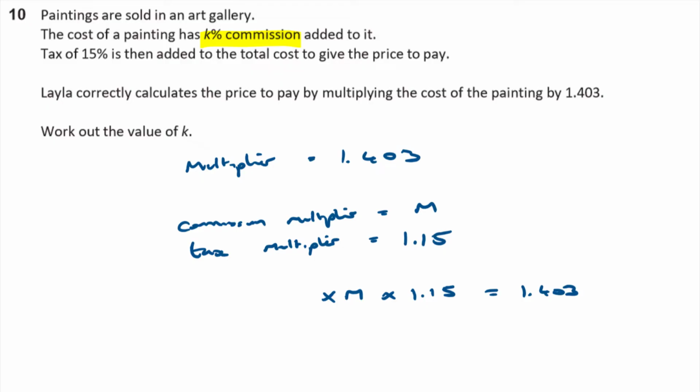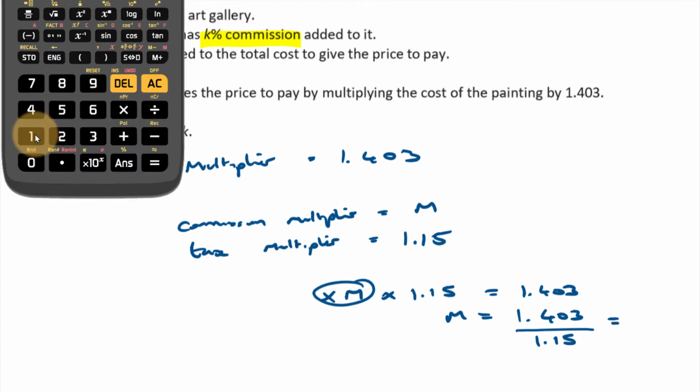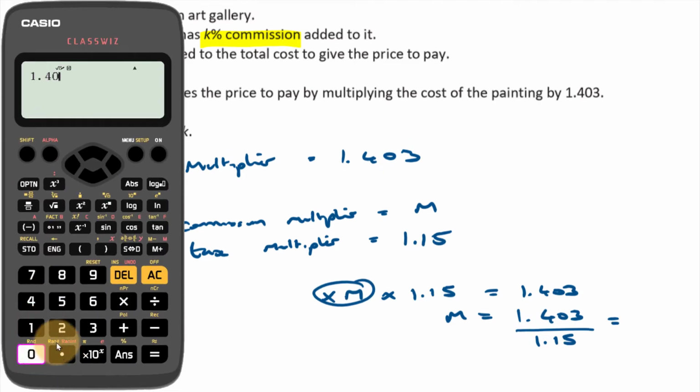Okay, so in other words, if I want to find my multiplier here, I'm going to divide both sides by 1.15, aren't I? So M, my commission multiplier, is going to be 1.403 divided by 1.15.